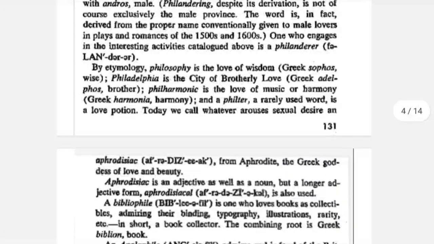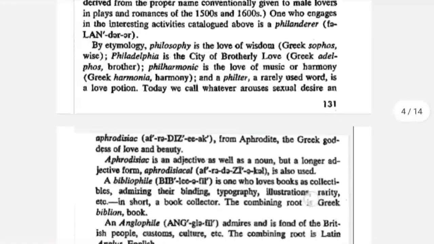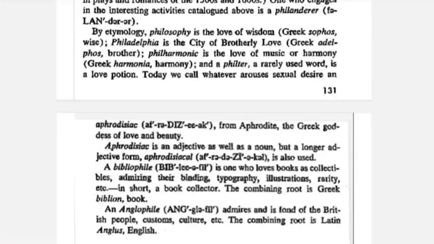The next word is philosophy. Philosophy has the roots philo, which means love, plus sophos, which means wise. So philosophy is the love of wisdom. The next word is philharmonic, which has the roots phil plus harmonia, which means harmony.